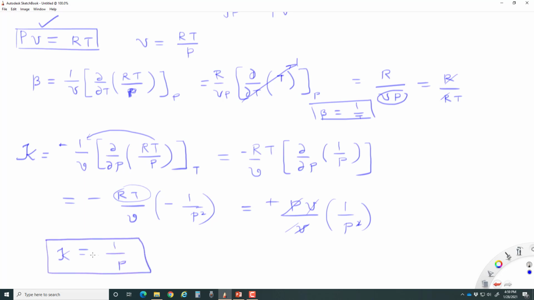So the response function in terms of change in temperature, which is expansivity, is given by the reciprocal of temperature, and the response function of a substance in terms of change in pressure is given by the reciprocal of pressure.